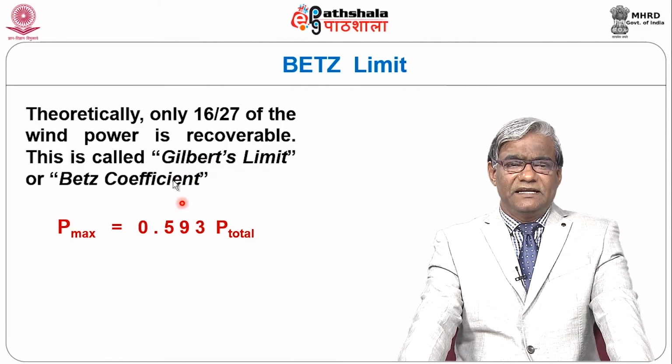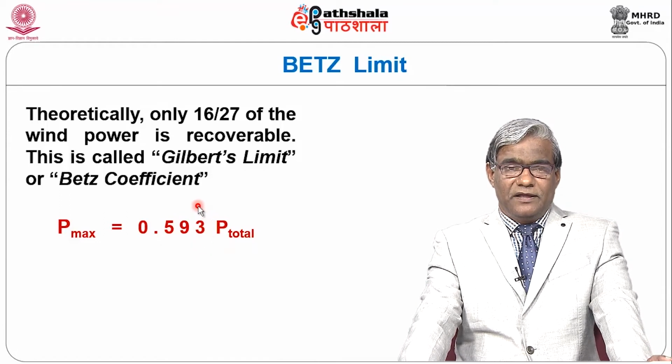This is the theoretical limit, where P max is equal to 0.593 of P total. Approximately 60% of power could be recovered from the wind; out of 100%, exactly 59.3% could be recovered.